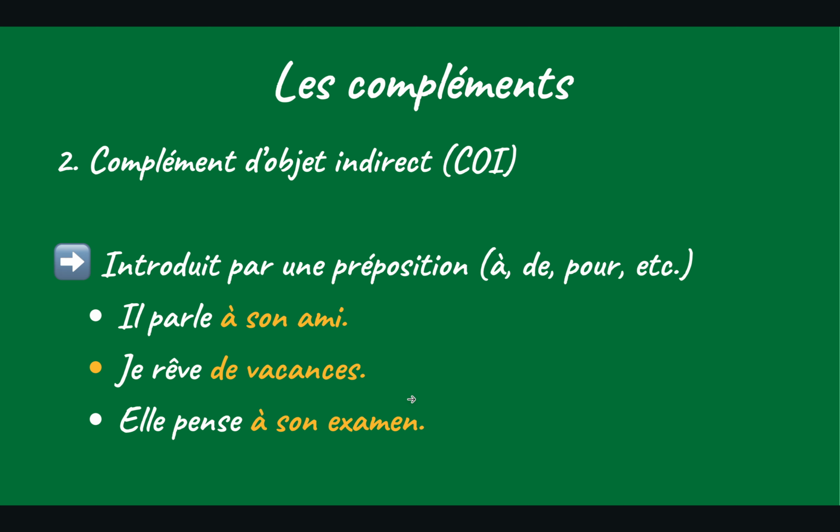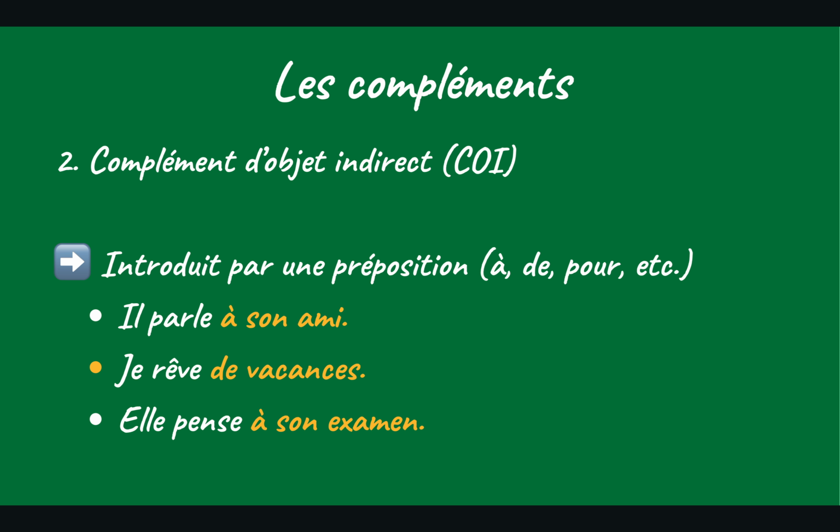Then, the next one is the COI. COI is what we call complément d'objet indirect. It's a little bit different than the COD because it's introduced by à, de, pour, so by a preposition basically. À, dans, par, pour, en, vers, avec, de, sans, etc. So these are the prepositions. The prepositions are introducing this noun.